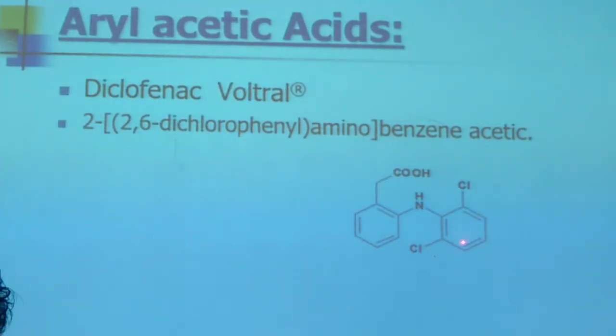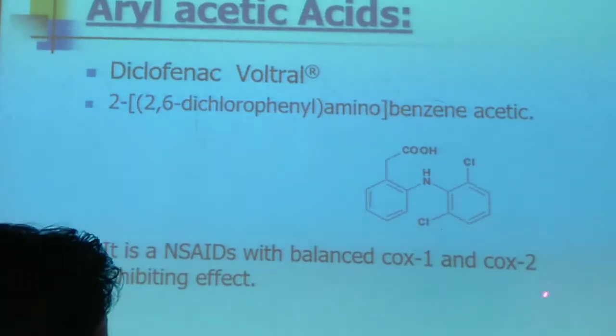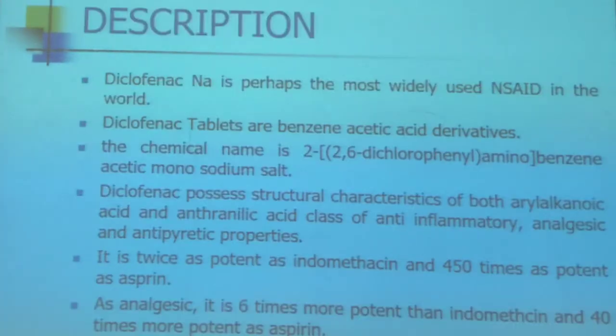That is phenyl, amino, and benzene acetic acid, that is the benzene or phenyl group and acetic acid. It is an NSAID, a non-steroidal anti-inflammatory drug with balanced COX-1 and COX-2 inhibiting effect. COX-1 means cyclooxygenase 1, and cyclooxygenase 2 inhibiting effect.